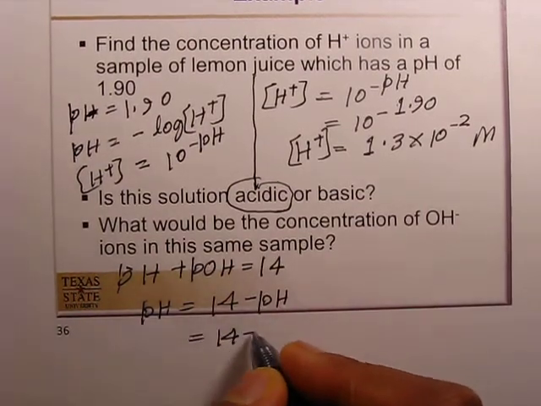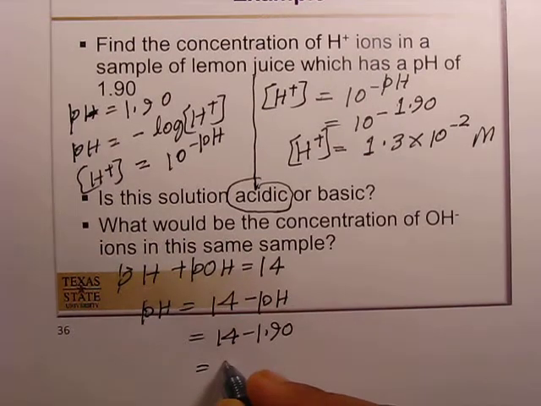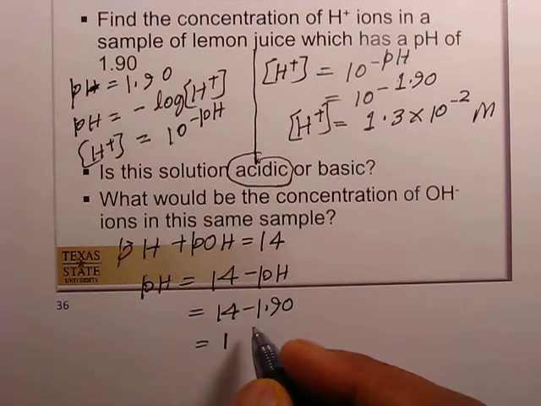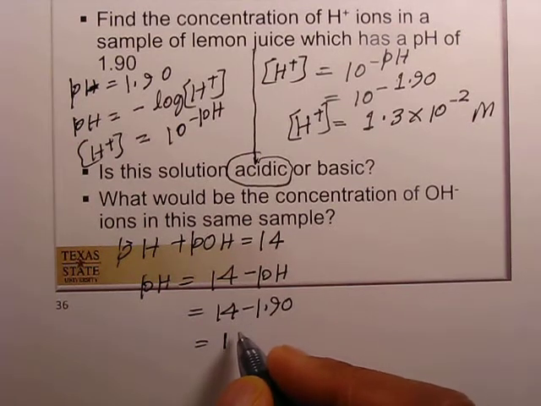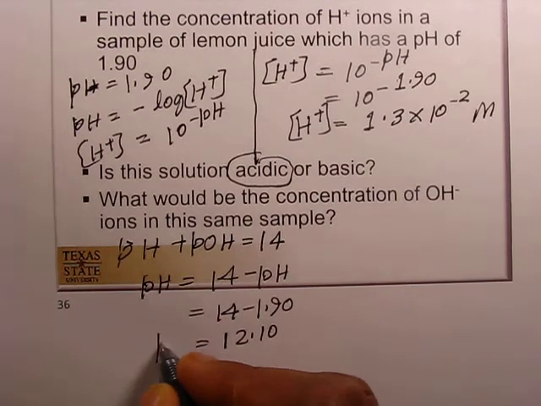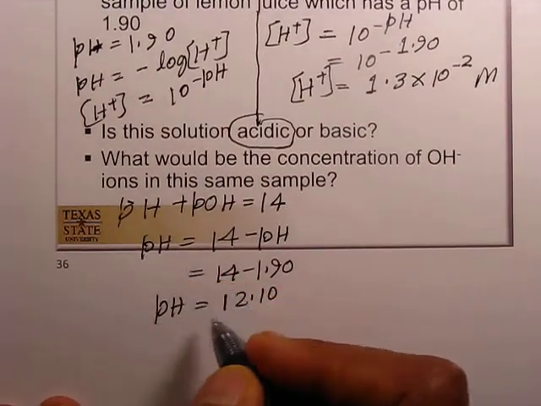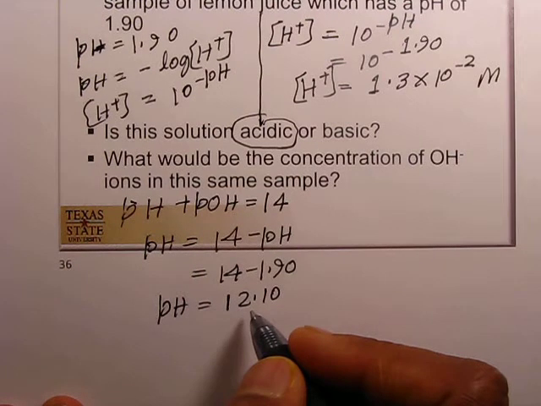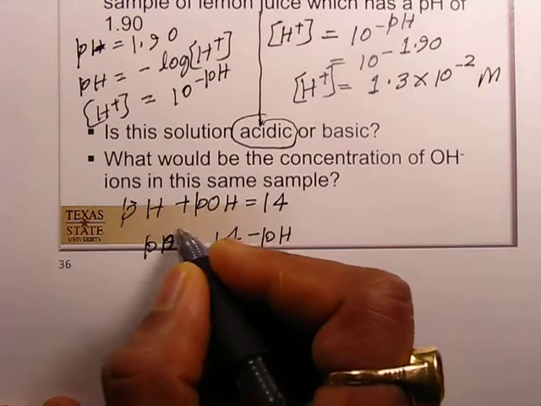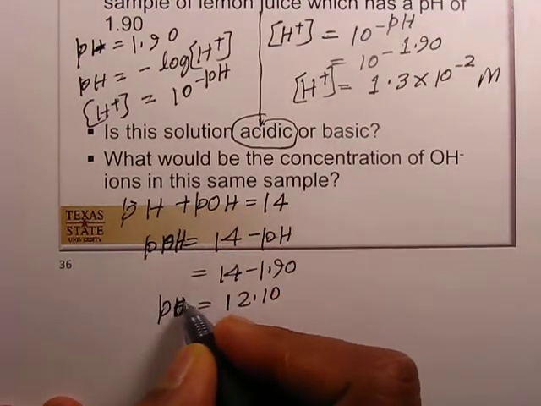So 14 minus 1.90, and pOH will be 12.10. No, sorry, this will be pOH because we are subtracting pH. So this will be pOH here.